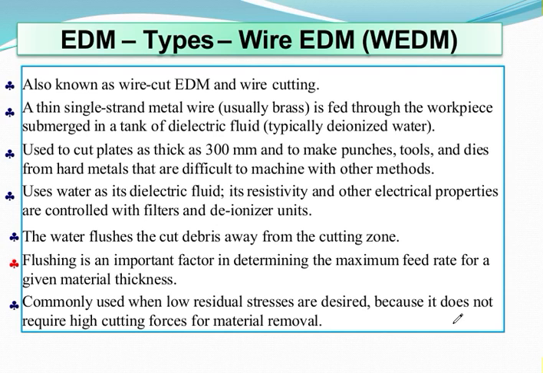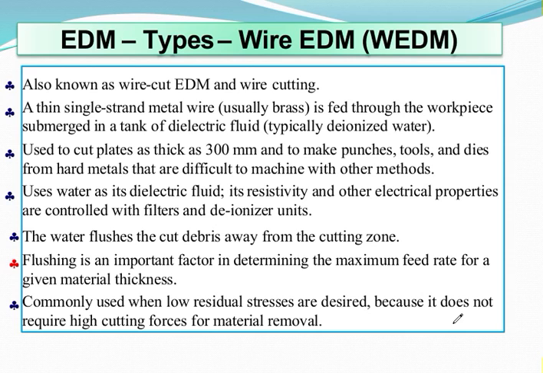And basically you can cut plate of thickness around 300 millimeter. You can also make punch, tool and die from hard metal that is very difficult to machine with other or conventional methods.